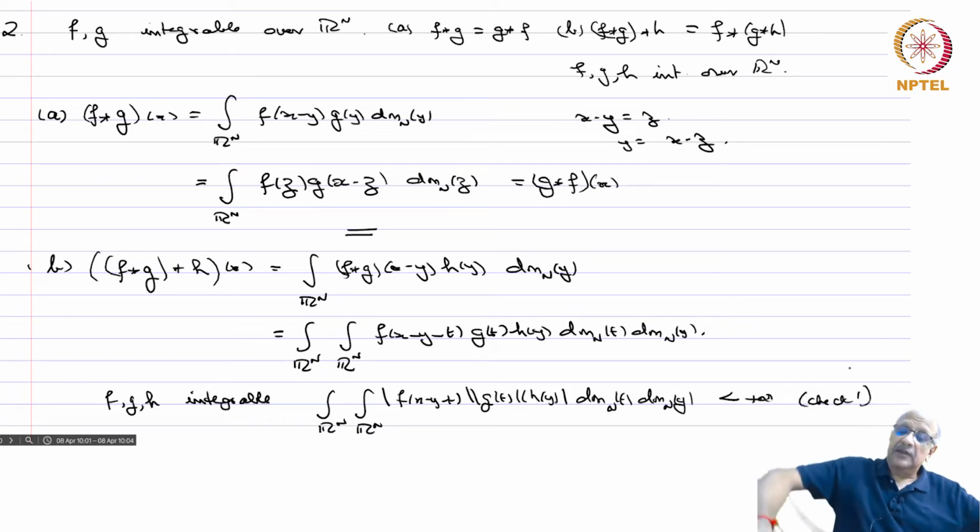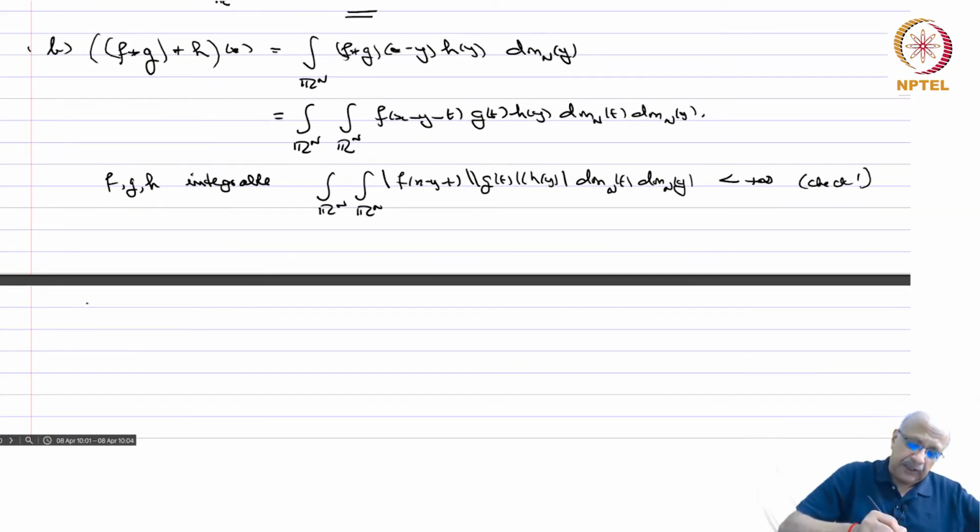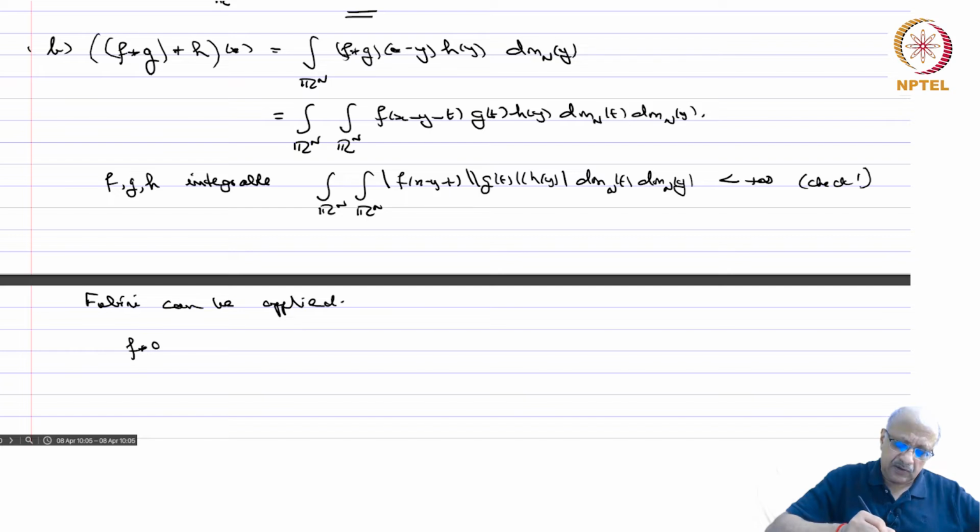We have checked it many times. Translation invariance matters, and therefore Fubini applies. Fubini can be applied.